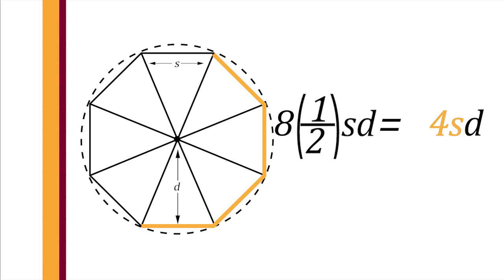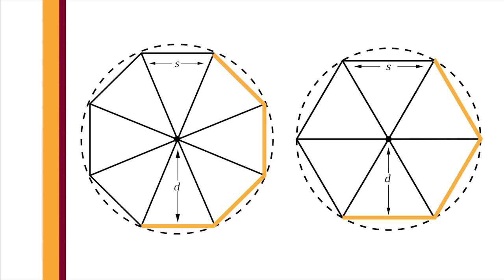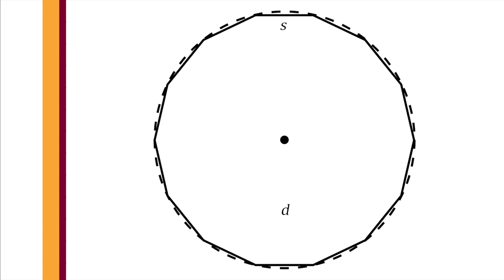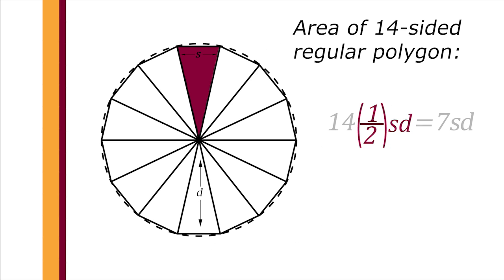After replacing 4s with 1/2 p, students arrive at this expression. Students may realize that, for both the hexagon and the octagon, the areas can be expressed as a product of 1/2 the perimeter and the distance from side to center. Demonstrating this once more with the 14-sided regular polygon will help students to generalize this concept.